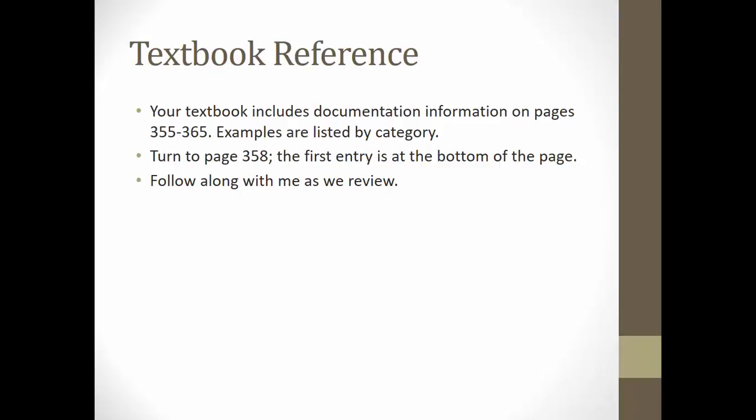And use the example that they give you to help you figure out what you need to do. Now, some things are italicized in some categories, some things are not italicized in others, which is why you need to know the category, okay? The category will tell you exactly how you need to put information in for that particular category. And so bottom of 362, star article in an online newspaper or magazine.